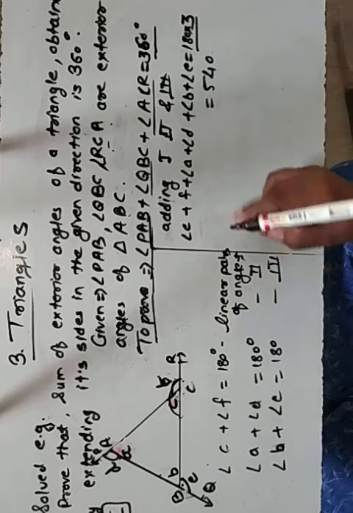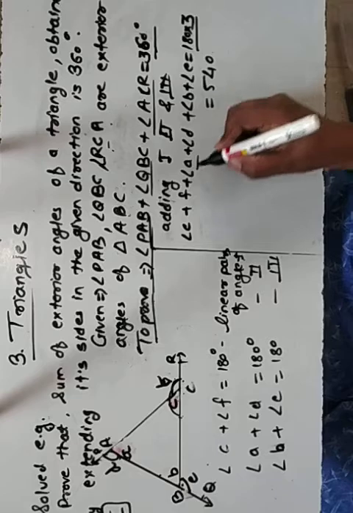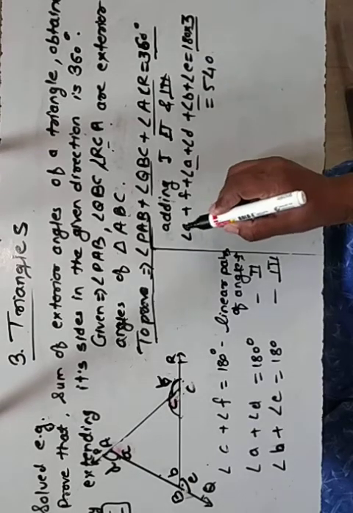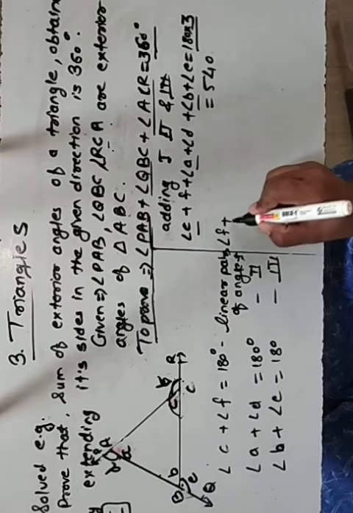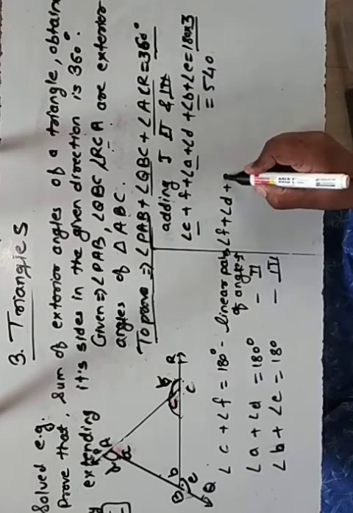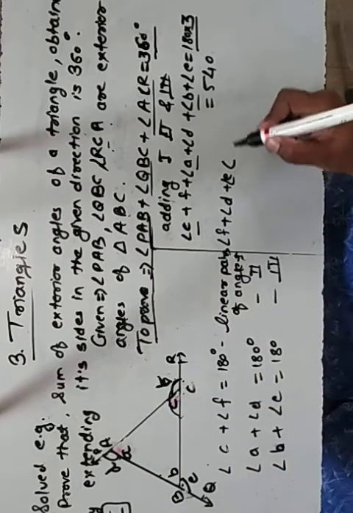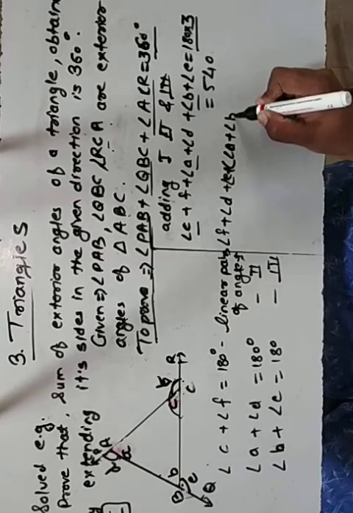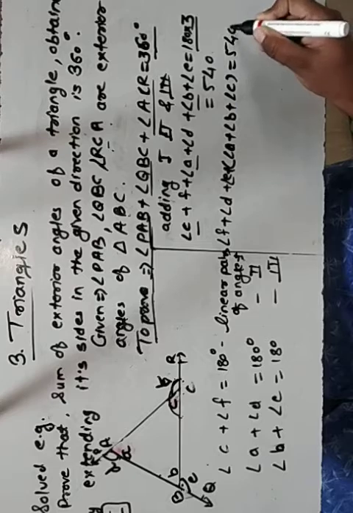Now what will I do here? I will group the interior angles A, B and C separately. So A is here, B is here and C is here. Then angle F plus angle D plus angle E, these are exterior angles. F, E and D are exterior angles. And into a bracket I will write plus angle A plus angle B plus angle C is equal to 540.